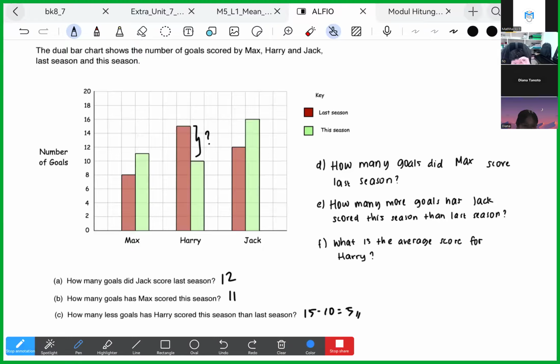Okay, from D. What's your answer for D? How many goals did Max score last season?